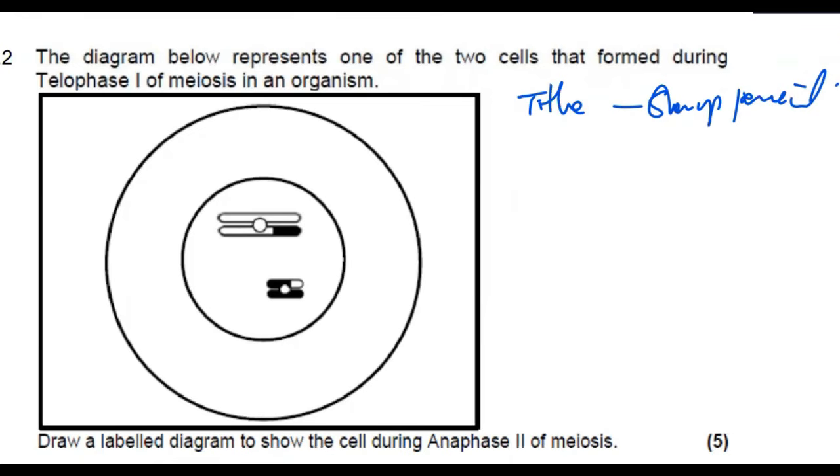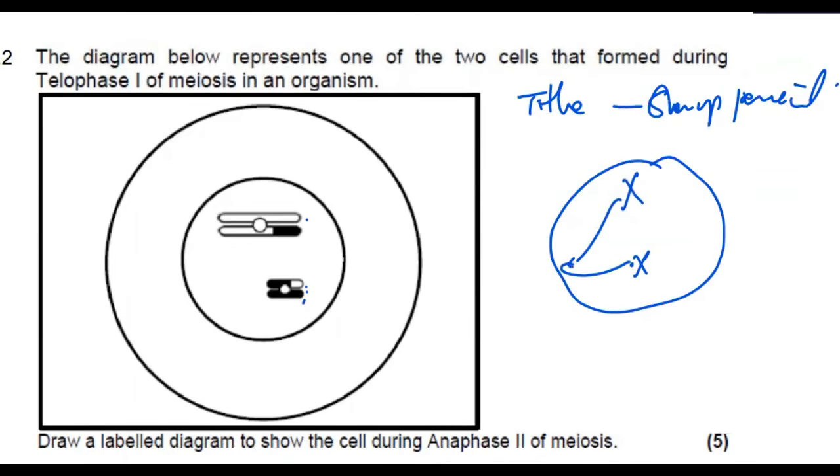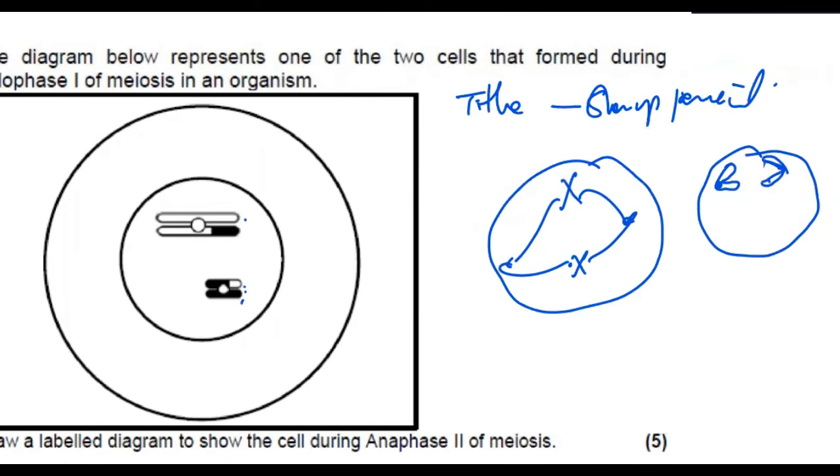So when you draw, they're saying this is prophase 2. Prophase 2, why? Because they are single. So you draw the cell, and then they're saying during anaphase, it means that before, it's going to be like this, and then the short one down. So this is prophase. Just drawing a structure, but you have to show the variations when you're drawing. So during anaphase, it means that one has a variation.